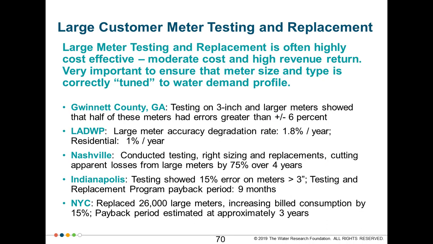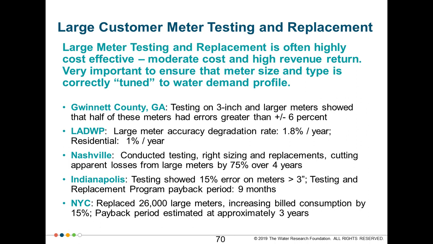We saw in Nashville that major reductions could be obtained, 75% reduction in apparent loss from large meter, particularly right sizing. And here's just 4 or 5 more places that have done this and found a nice boost to the cash register, so to speak.